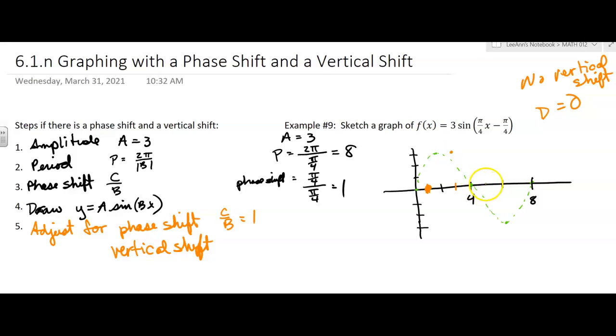And my point that used to be at 4, 0 is now going to be at 5, 0. And my point that used to be at 6, negative 3, is now going to be at 7, negative 3. And then my point that was at 8, 0 is now going to be at 9, 0. So everything just shifted 1 unit to the right.